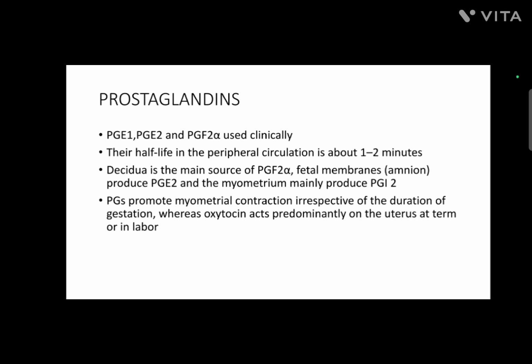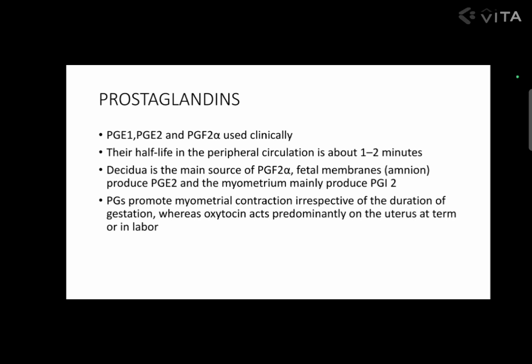They are used in clinical practice. Once again, E1 is misoprostol, E2 is dinoprostone gel, F2 alpha is carboprost, which are used clinically. The half-life of all these medications in the peripheral circulation is about 1 to 2 minutes.